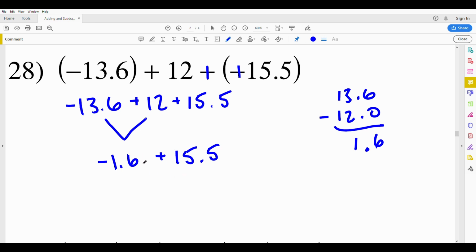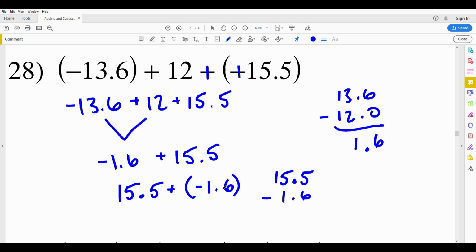And we can simply rewrite this. 15.5 plus a negative 1.6, that's the same as adding a negative is subtracting a positive. So I'll have 15.5 minus 1.6.